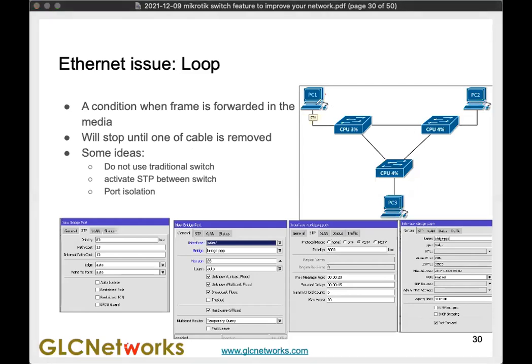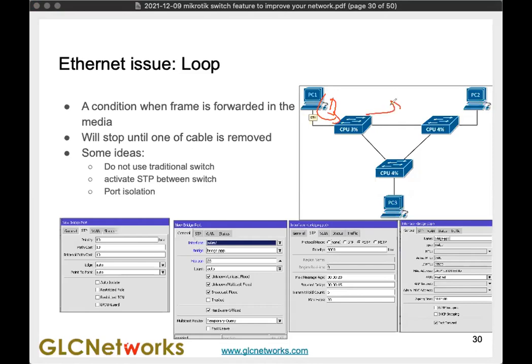The way it happens is when somebody sends a broadcast frame. Remember the broadcast frame, right? The FFFF. That broadcast frame is received as only one frame over here, but it will be duplicated. The switch will duplicate that frame.